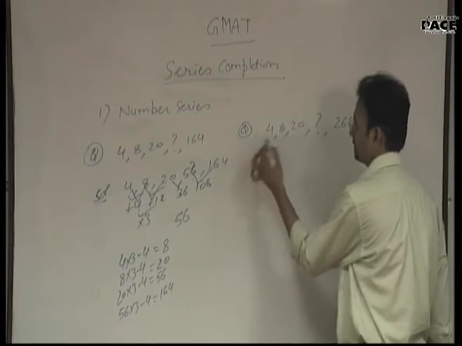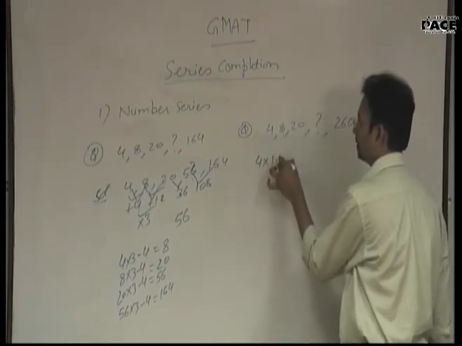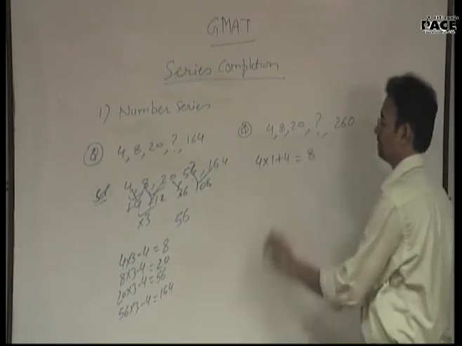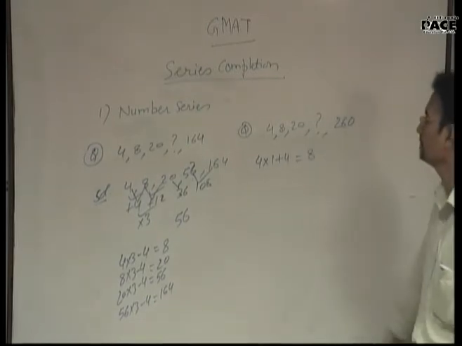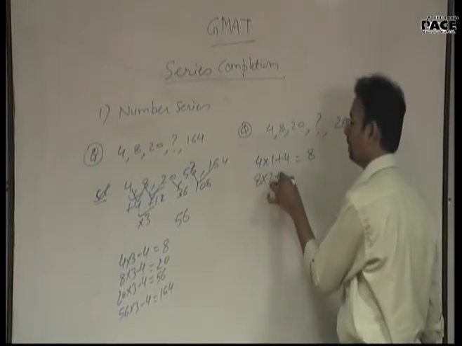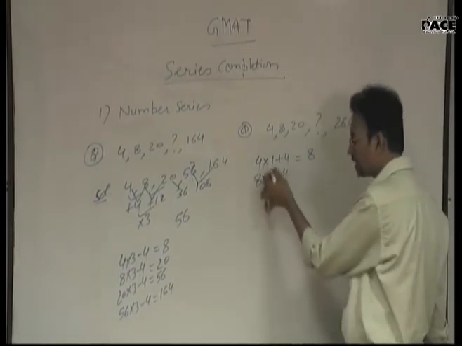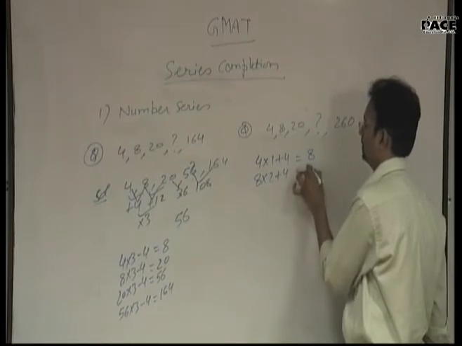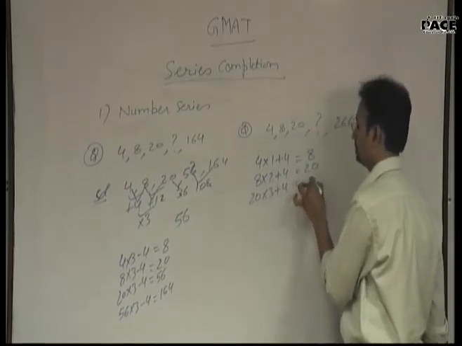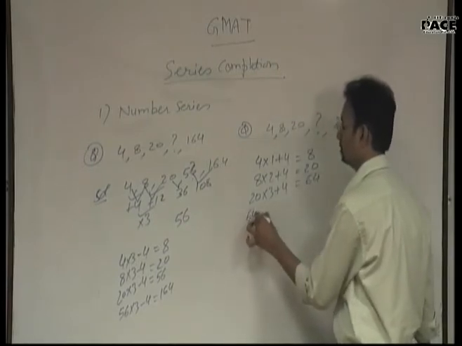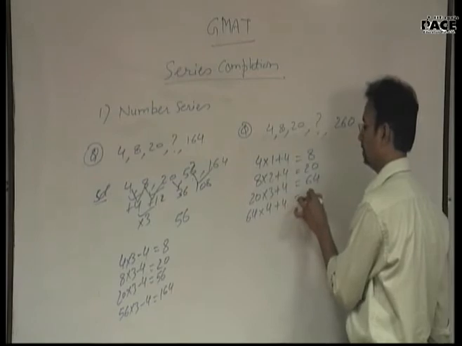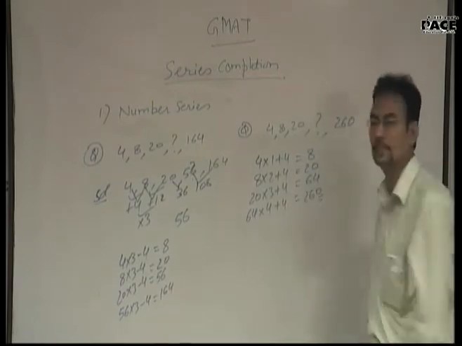We can adopt a different method now. 4 into 1 plus 4 is 8. 8 into 2 plus 4. So this is constant, this is increasing. 20 into 3 plus 4 is 64. 64 into 4 plus 4 is 260.